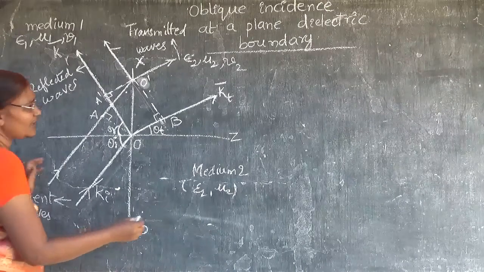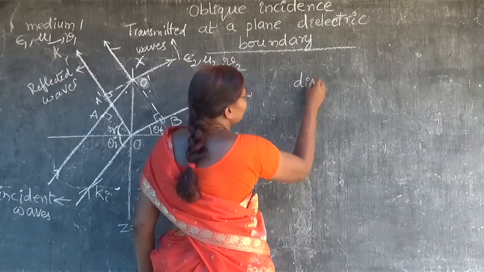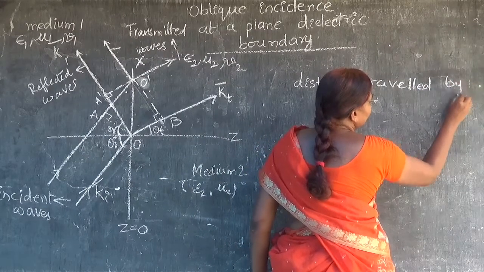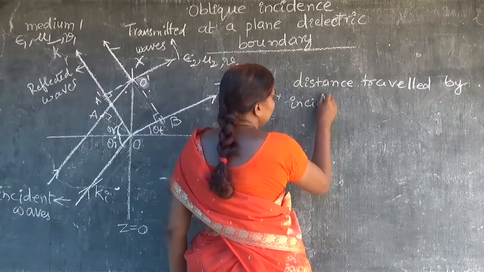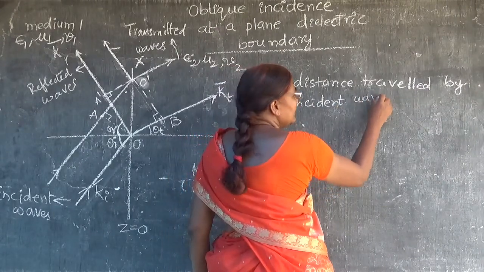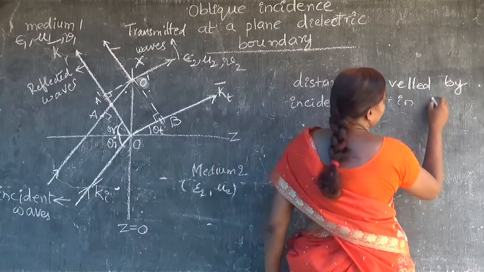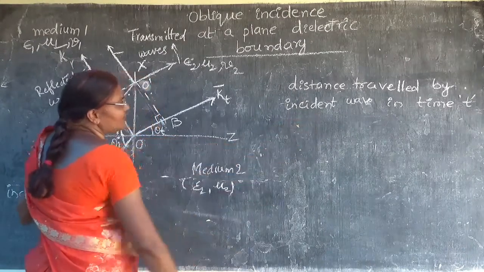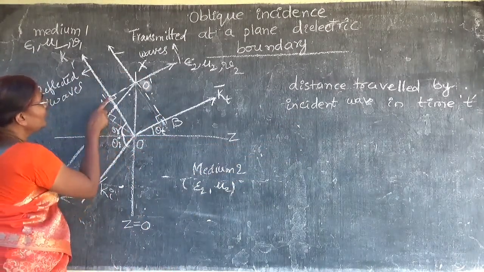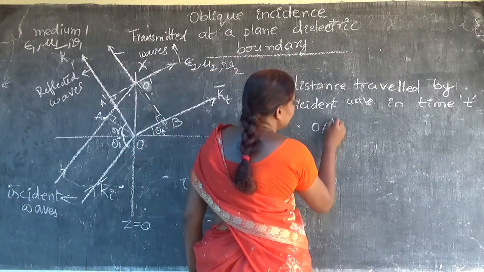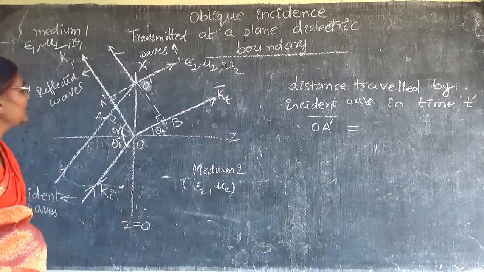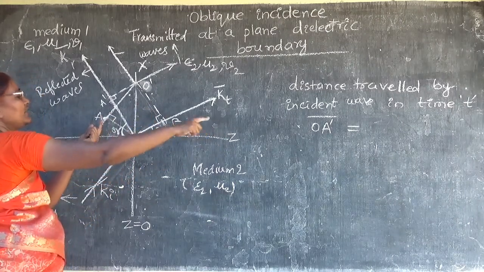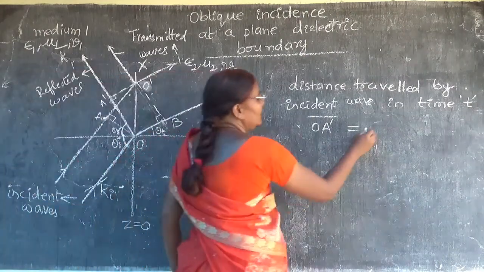The distance traveled by the incident wave in time t is going to be O A dash, and this must be equal to the distance traveled by the reflected wave in time t, which is A O dash.